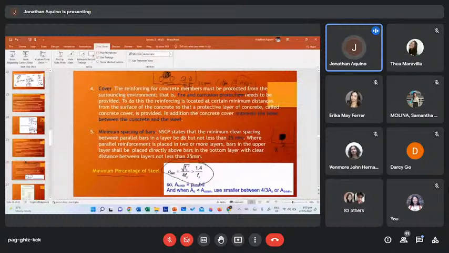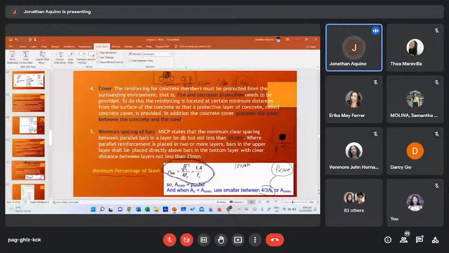Okay? And also, you can violate this one, okay, provided that your AS is 4/3 of AS, so if AS na to is based on flexure. Okay? So pwede mo i-violate to provided na at least 4/3 AS required by flexure. Halimbawa, AS required sa flexure 100 millimeter squared. Okay? Ang requirement ng code minimum is 200 millimeter squared.